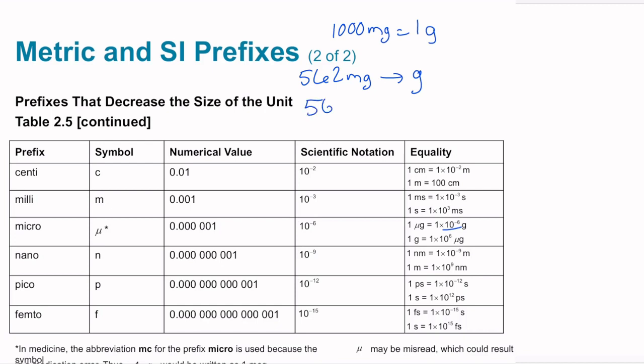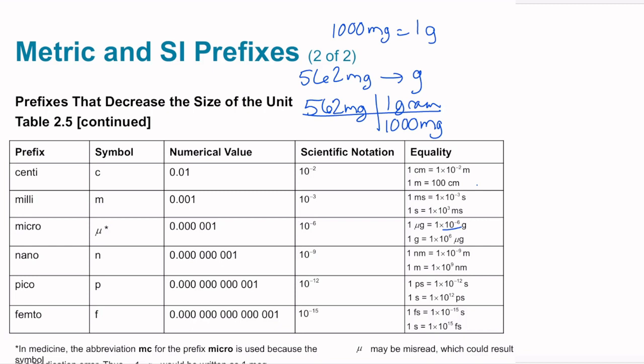We can take our 562 milligrams and multiply by the equality. We want to put the unit we're trying to get rid of on the bottom, so 1,000 milligrams, and the unit we're converting to on the top, which is 1 gram.